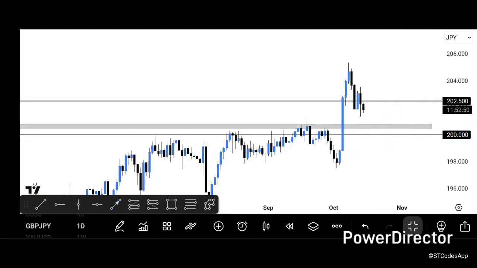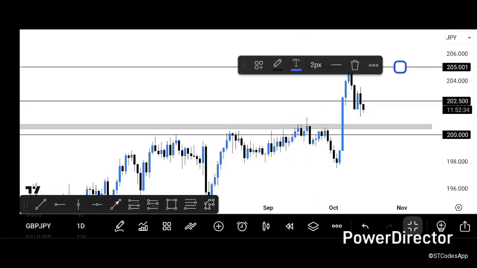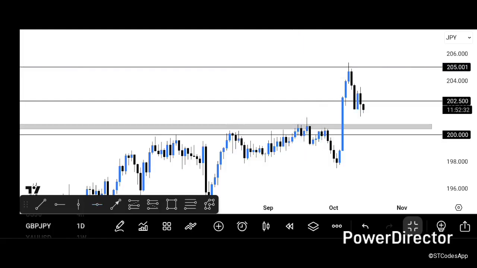Now on here we have the 200, we have 202.500, then one where price also had a retracement from was around here, boom, 205.00. You see, so you can see a pattern around this place.